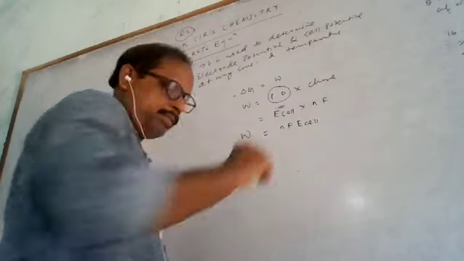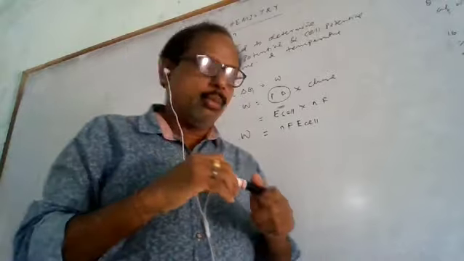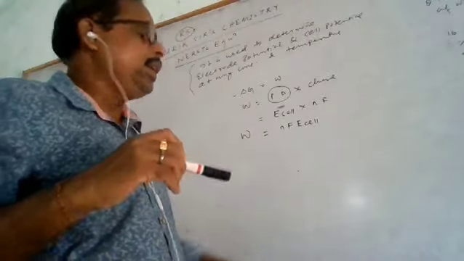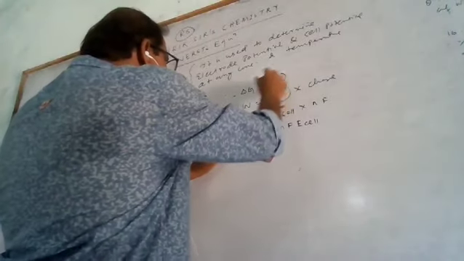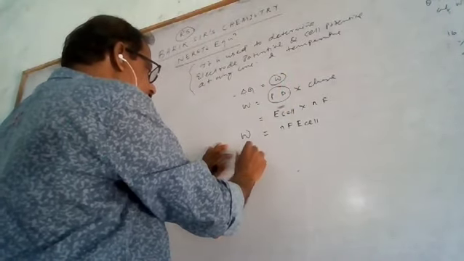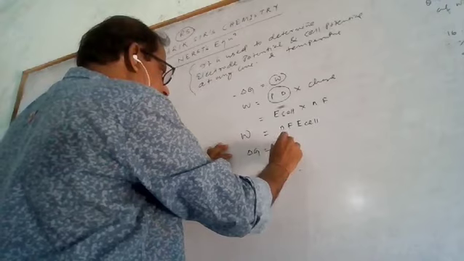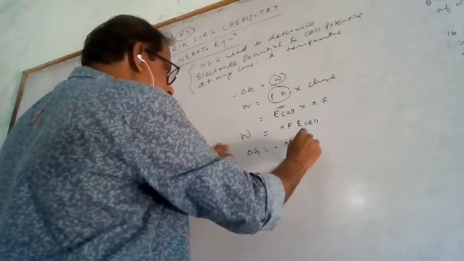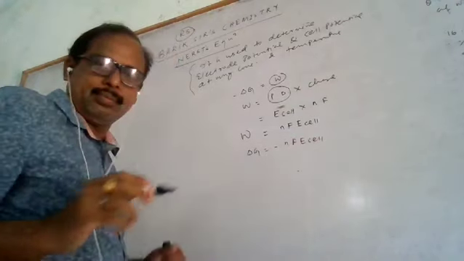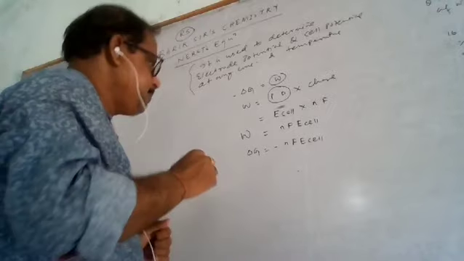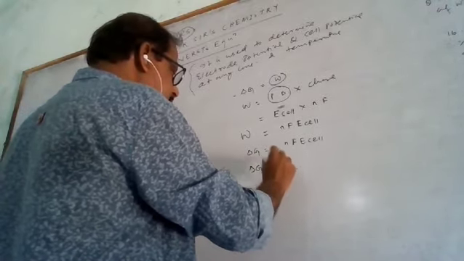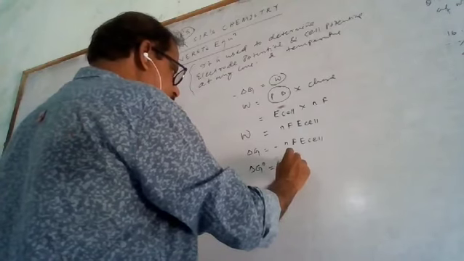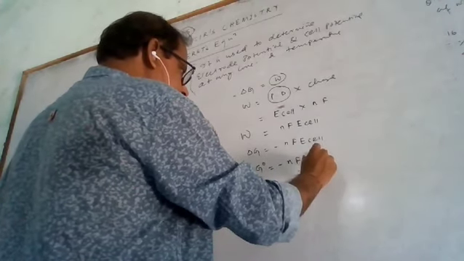That is the work. W is equal to nF E cell. Because W is equal to delta G, we can write delta G is equal to minus nF E cell. So the delta G naught, the standard free energy change, is equal to minus nF E naught cell.